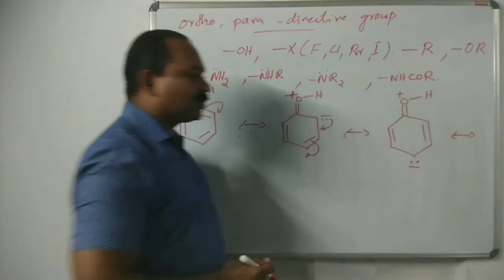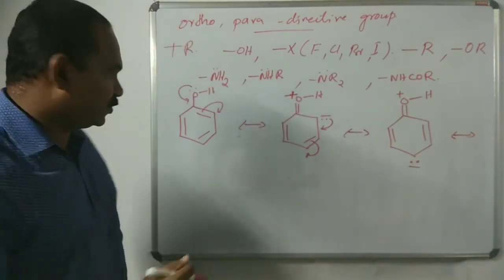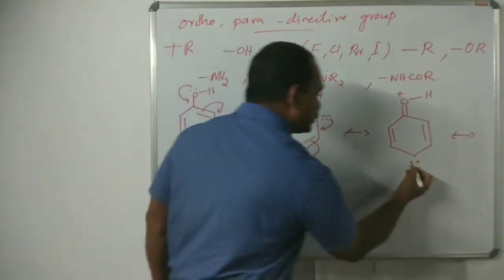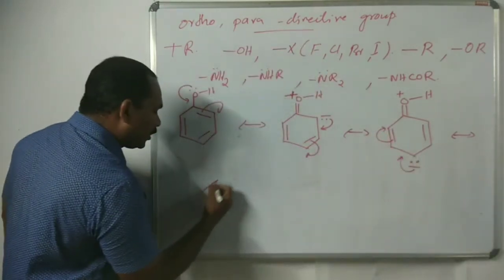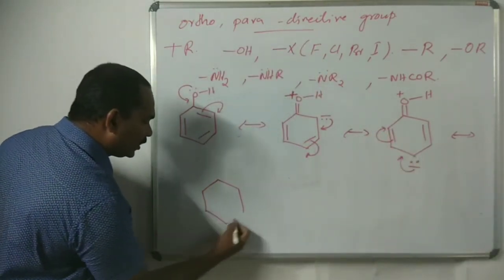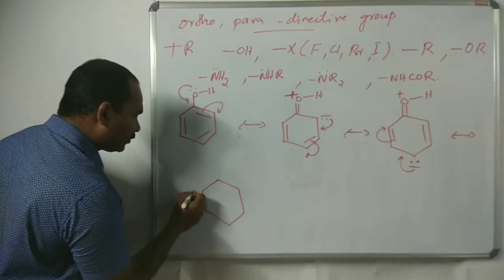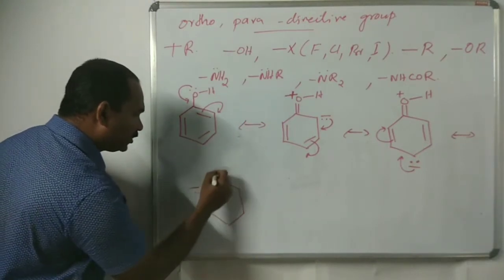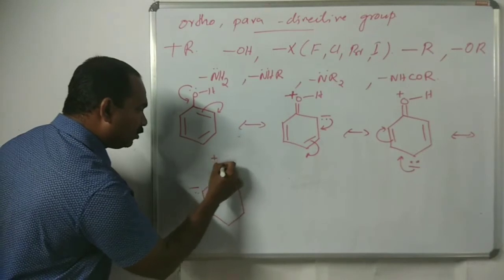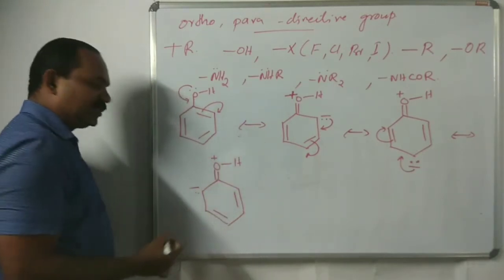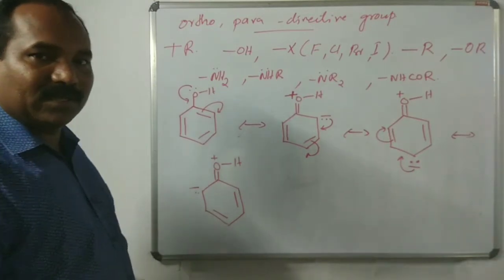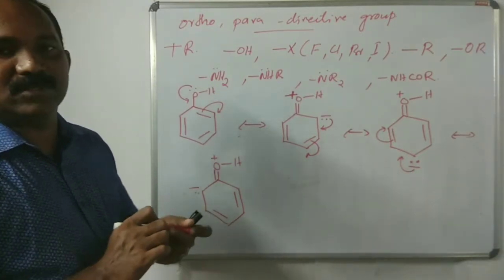The electron density is more at the para position. We have another resonance structure with a negative charge and a double bond to the OH-bearing carbon.